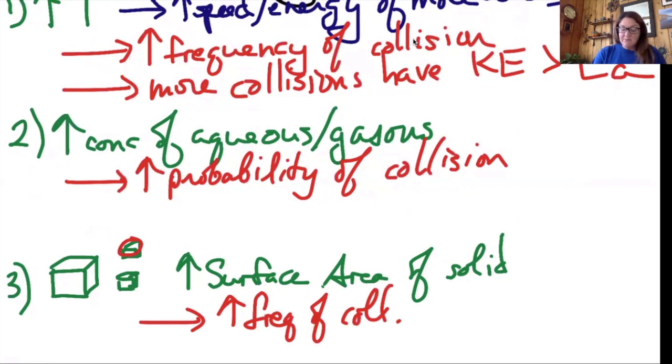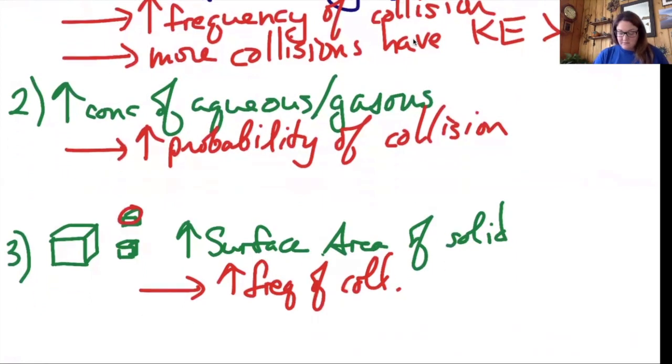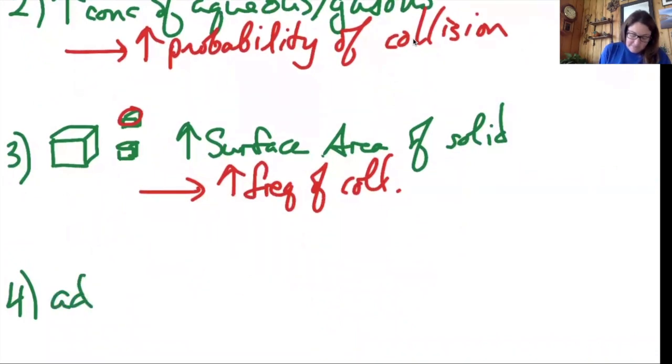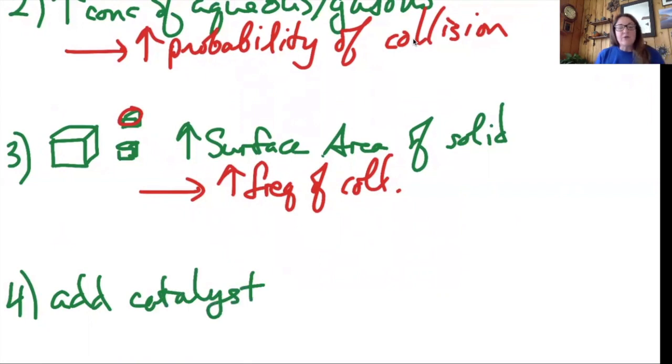Okay, the last thing people usually suggest that also works is adding a catalyst. As you know, catalysts cause reactions to go faster, but what a catalyst does is decrease the activation energy of a reaction.